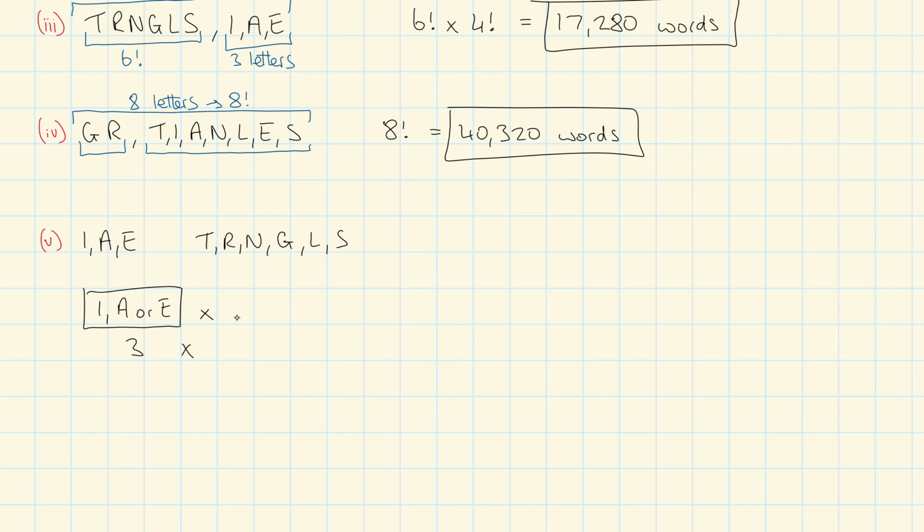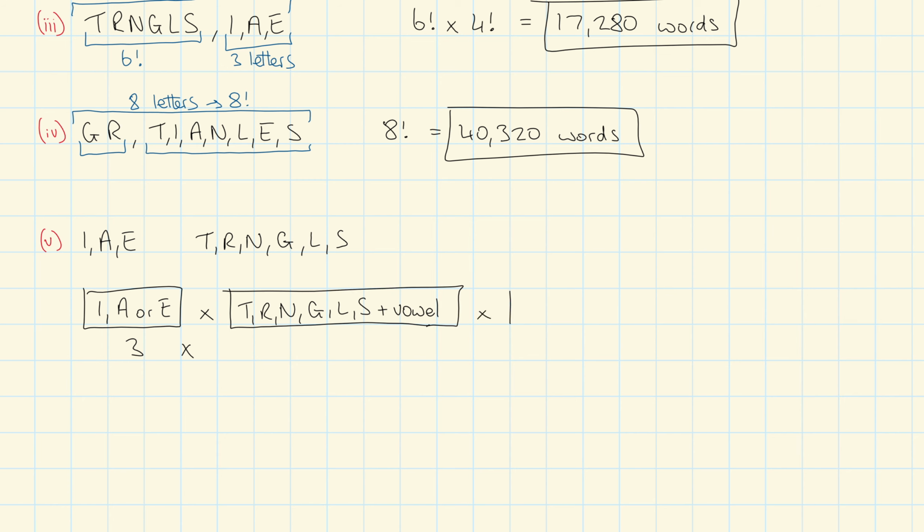So that's 3 by. Then if we use 1 vowel at the start and 1 vowel at the end, it means we have 1 vowel left over.